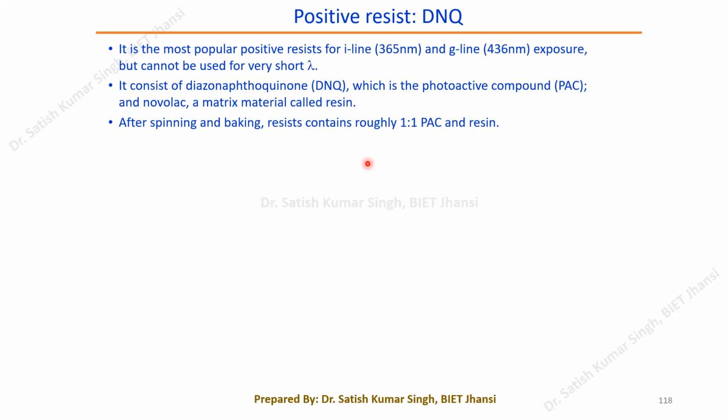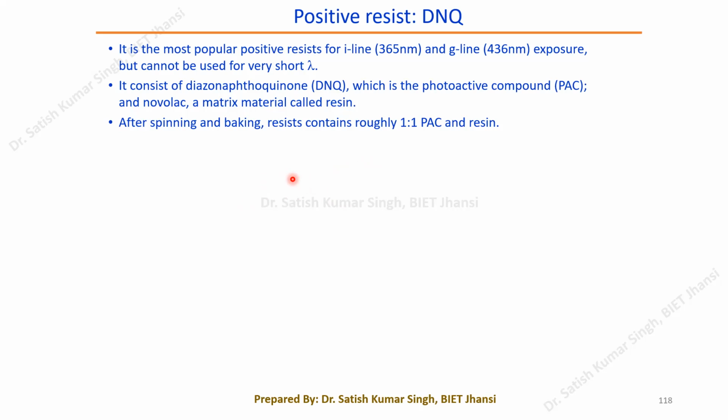So, what are the materials? Try to remember them one by one. First of all, we have the base material, which is Novolac. Remember that Novolac is a hydrocarbon, and it can also dissolve in our developer solution.